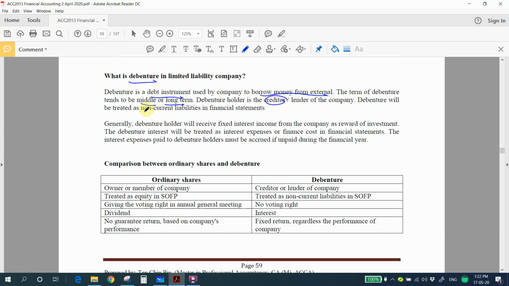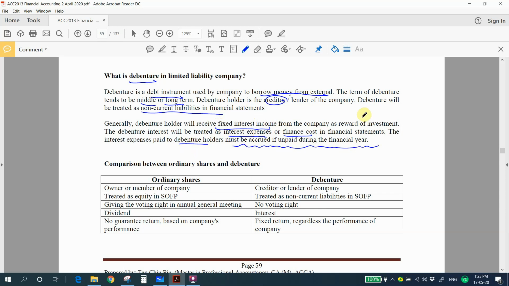Debenture will be treated as non-current liabilities in the financial statement. Generally, debenture holders will receive fixed interest income from the company as reward of investment. The debenture interest will be treated as interest expenses or finance costs in the financial statement. The interest expenses owed to debenture holders must be accrued if unpaid during the financial year.